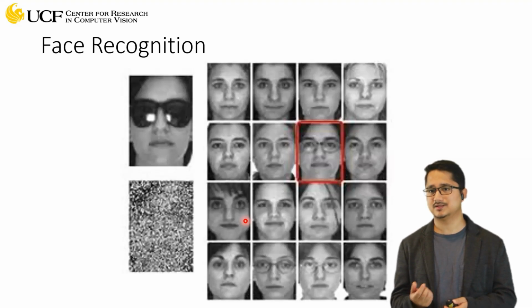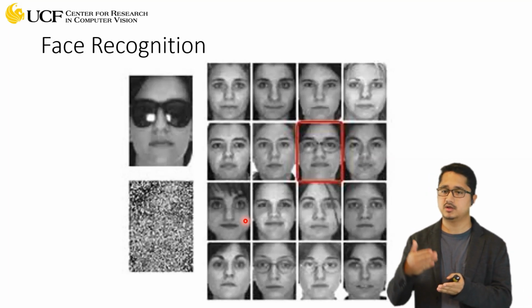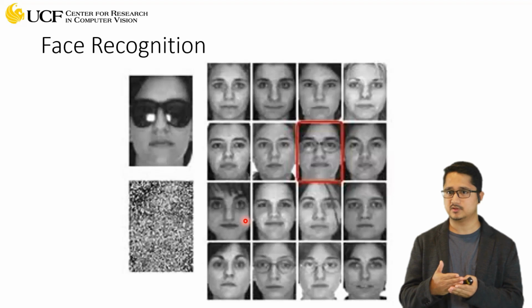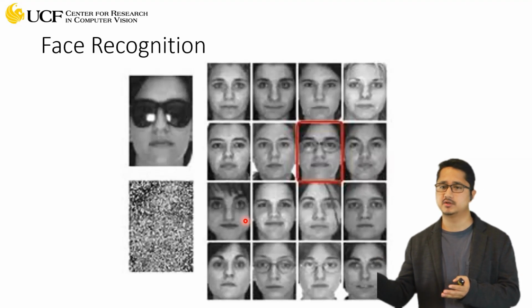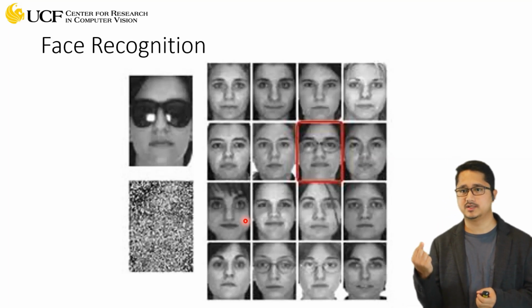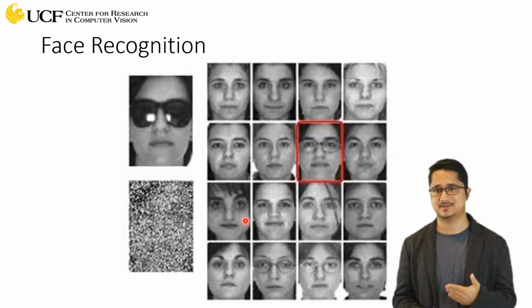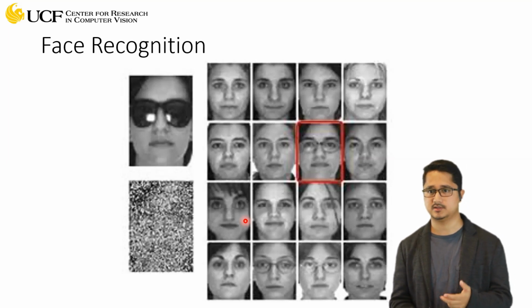The only difference is in this case, all the images are faces. It's not that you have to discriminate between faces versus maybe some animals or some other object categories, right? The object category is not changing, but the identity of the face is changing. But again, the basic problem still remains recognition or classification.